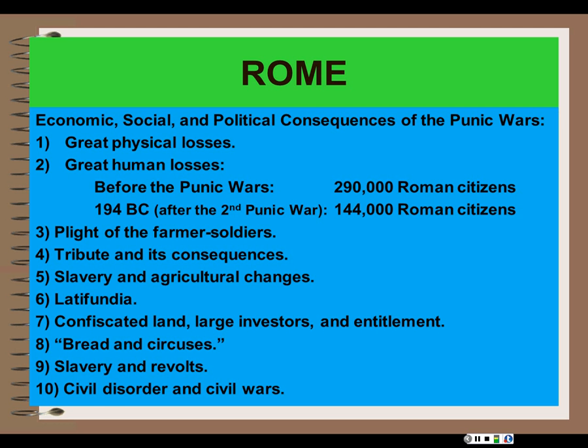Number 9. Slavery and revolts. Slavery sowed, in part, the seeds of economic, social, and political decline. And it did this in several ways. 9A, so to speak.